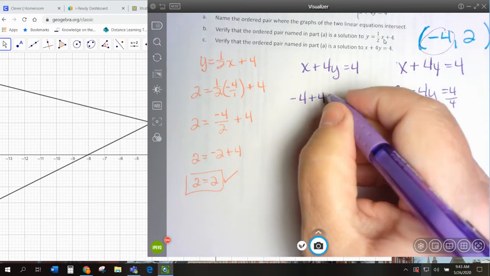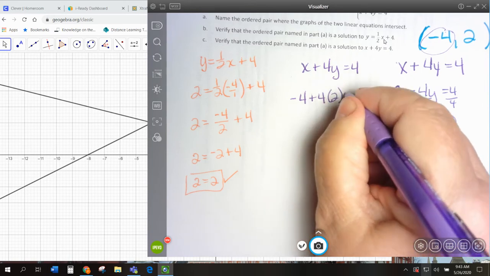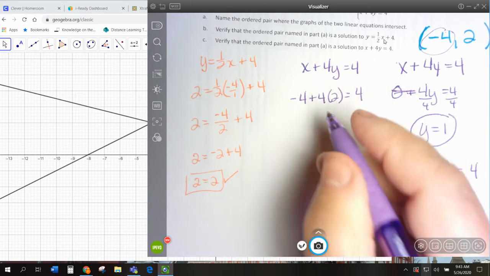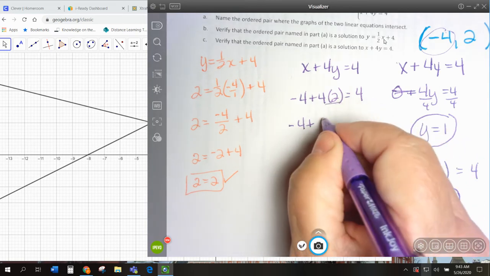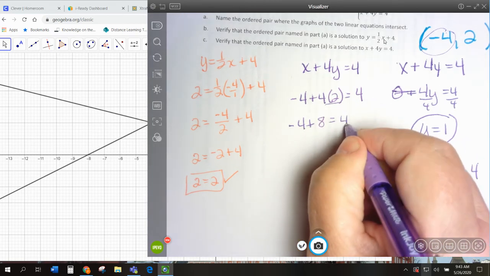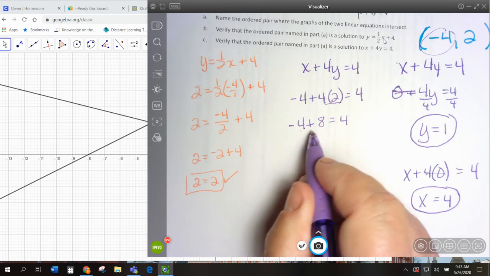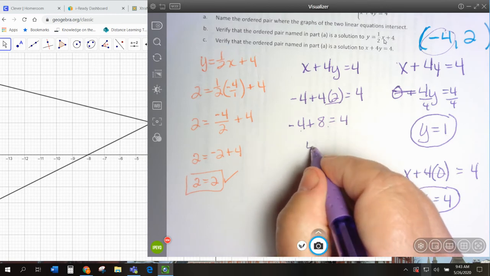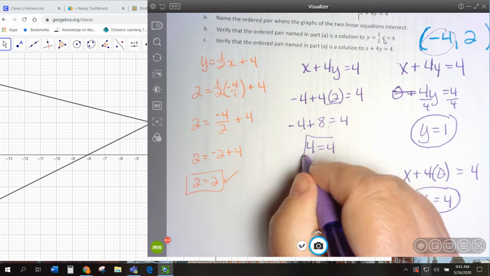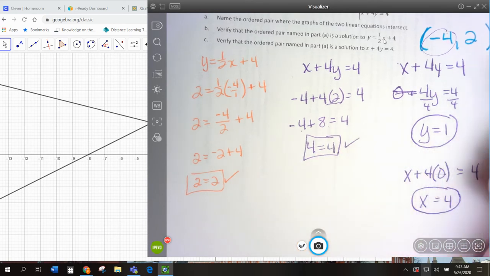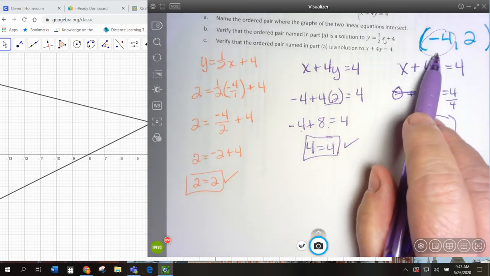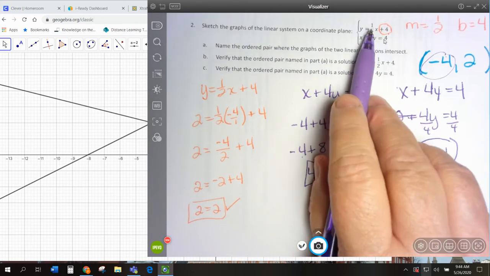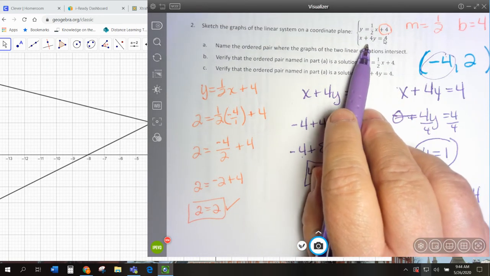For y, we're going to put 2. So we have negative 4 plus 4 times 2 is 8. If I start at negative 4 and go up 8, I'm going to end up at positive 4. And this works, so yes. Because both these work out, negative 4, 2 is the solution to the system of equations.